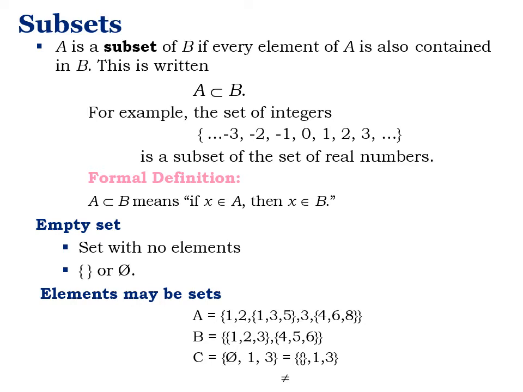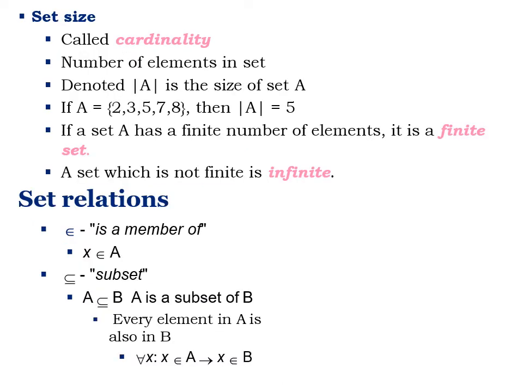For example, we have 1, 2, and this 1 is your element, but this is a set. We have 1, 3, and 5 is a set. So we have 3. We have also a set which is 4, 6, and 8. So same with this example, your element is a set.